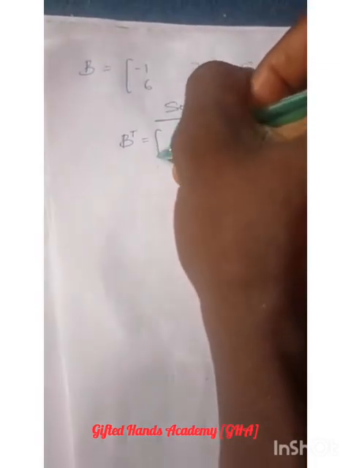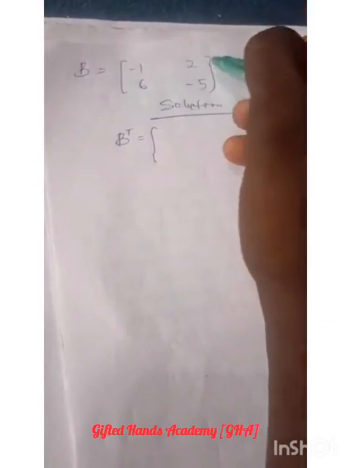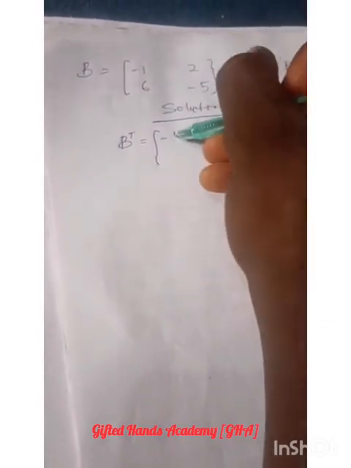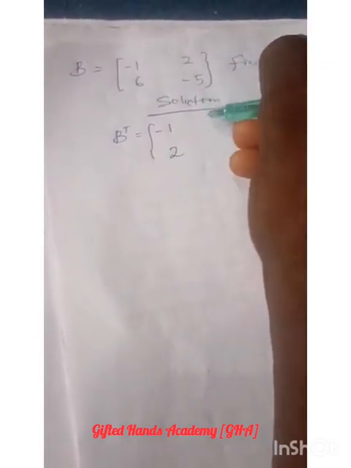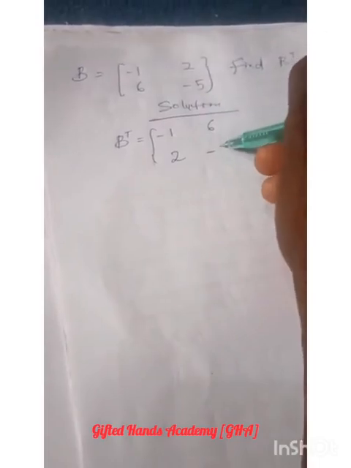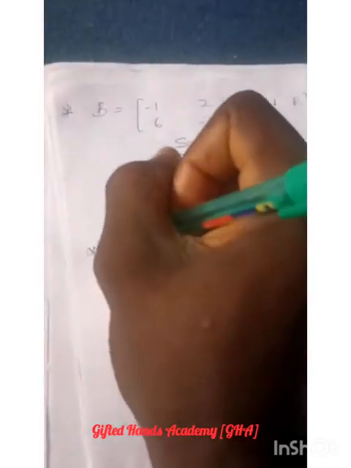B transpose is equal to, this is my row, I'll turn it to become column. So this is minus 1, 2, and this is my row, I'll turn it to become column. This is 6, minus 5. As easy as ABC.